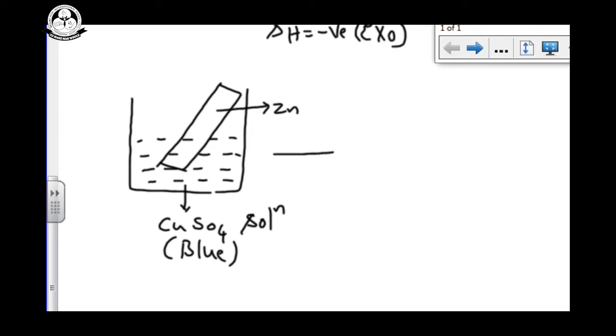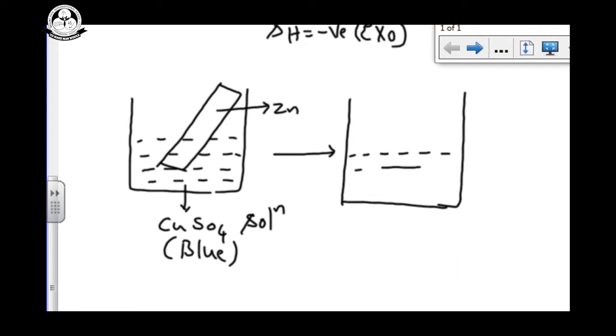After some time, you see the solution is like this.